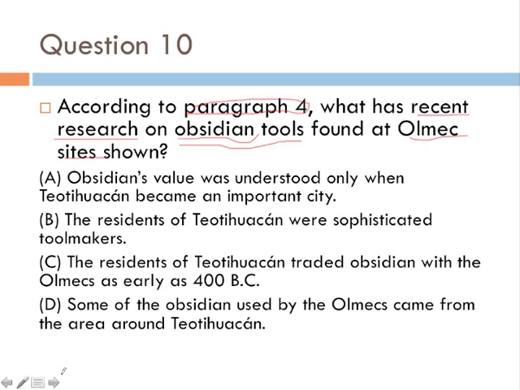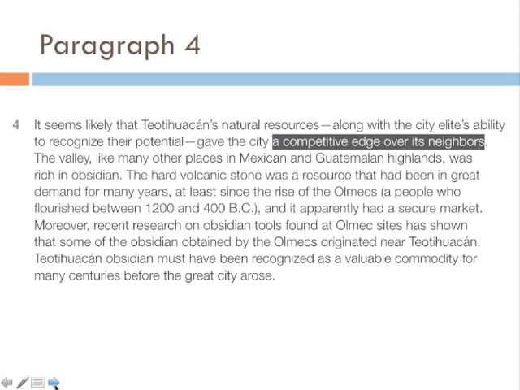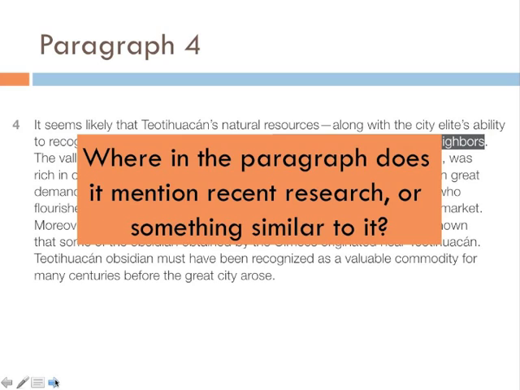Now, as you look through the answer choices, the first question to think about is, is there a way that the test is trying to trick us? Well, again, as we look through the paragraph, we need to recognize that, first off, in order to find this piece of information, we probably need to see where does it mention recent research or something similar to it. Again, from time to time, the TOEFL may not use the exact same wording in the paragraph. So we kind of have to look through and see, can we find something similar?